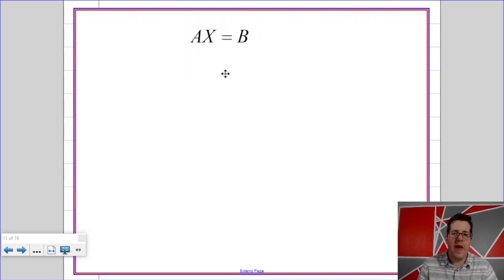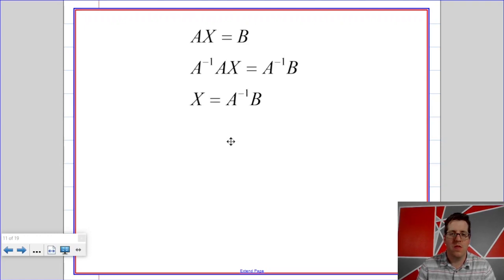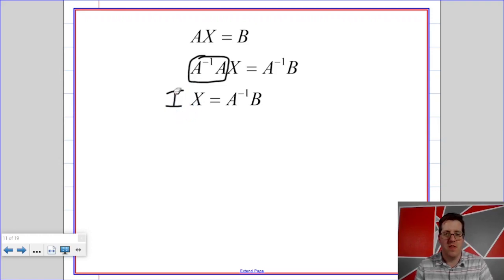Now the benefit of that is that if we multiply both sides of the equation by the inverse, then these two will multiply to make the identity. What happens when you multiply the identity by something? Well, you just get that thing.